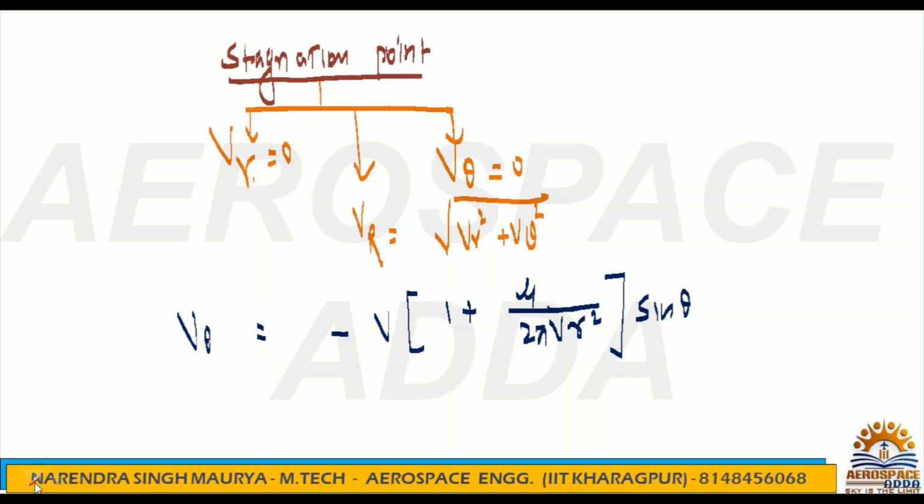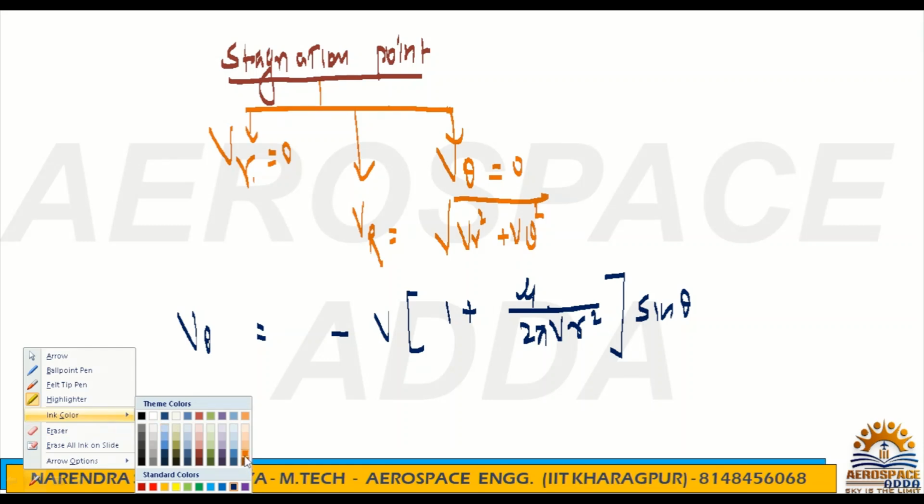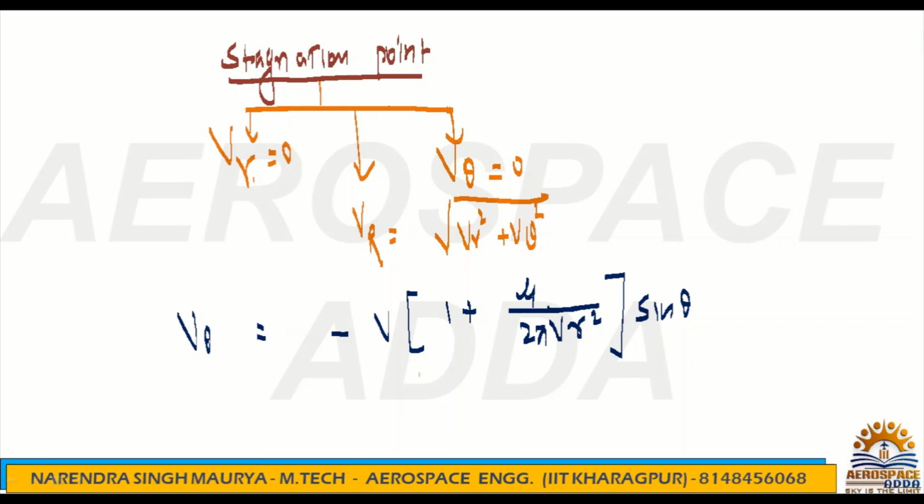If I say tangential velocity becomes 0, then maybe this part is 0, or maybe this is 0. The first part cannot be 0, no?